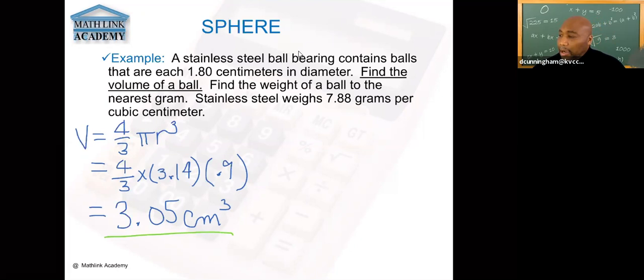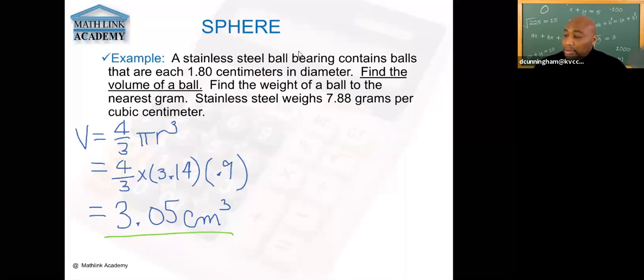Now, the second part says, find the weight of a ball, just one of the balls, to the nearest gram, where the stainless steel weighs 7.88 grams per cubic centimeter. So what do you think we need to do in order to find the weight of just one of the balls? That's correct.